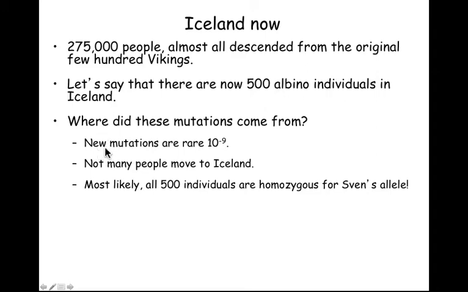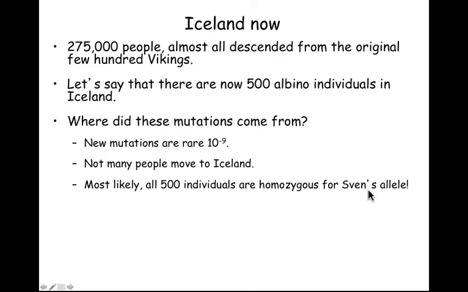They could be new mutations that have occurred in the population, but those occur fairly rarely, about 10 to the minus ninth mutations per round of DNA replication. So probably not. Also, not many people move to Iceland, so most likely all 500 individuals are homozygous for the allele that Sven was carrying 1,000 years ago.